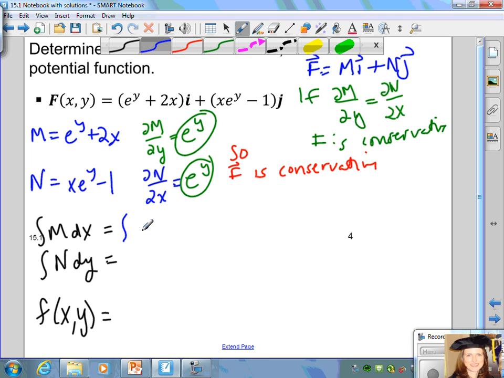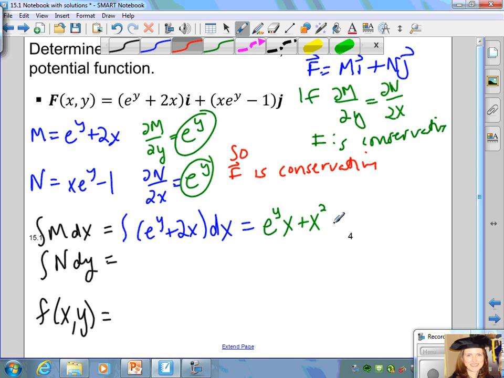Let's integrate e to the y plus 2x dx, treating x as a variable, y as a constant. So that is going to be the antiderivative of this constant is a constant times x. So we're treating e to the y as a constant. So e to the y times x. And the antiderivative of 2x with respect to x is x squared.